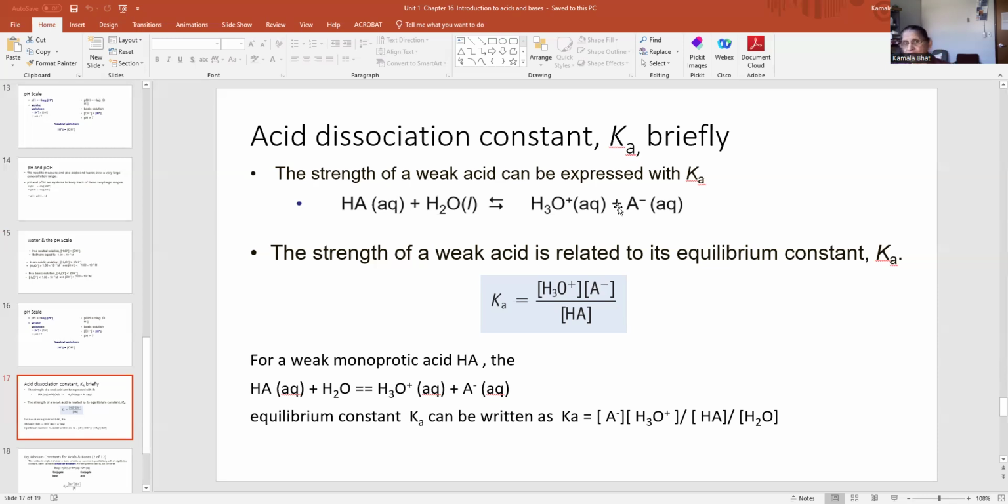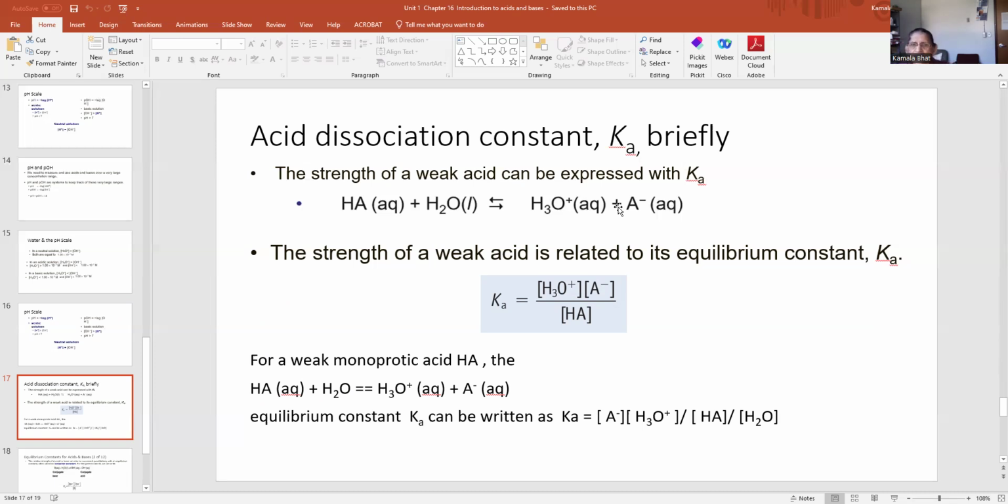The strength of a weak acid can be expressed with the equilibrium constant Ka, where the subscript A stands for the acid. So HA is a generalized form of a monoprotic acid. If it has to behave like an acid, it must be able to donate a proton to water, forming H3O+ and A- ion.